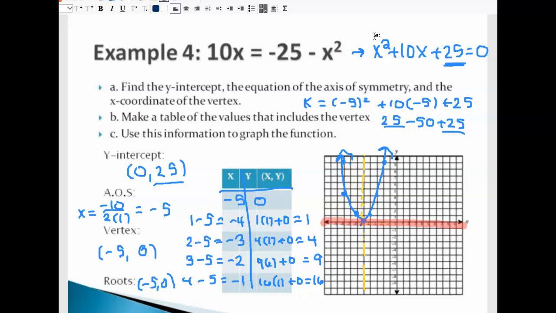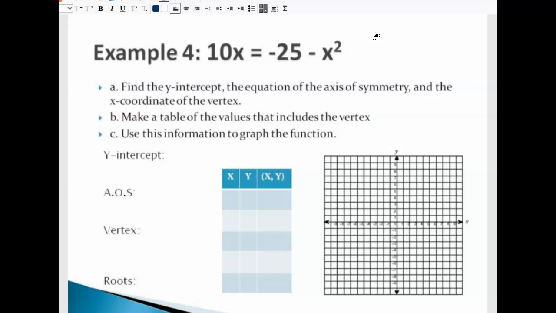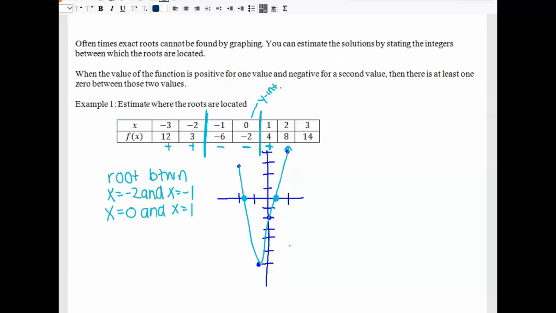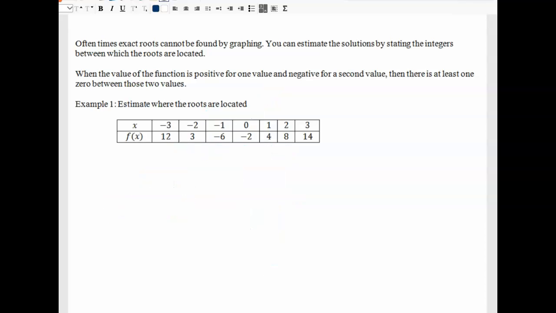So not every absolute value or quadratic has what we call nice roots.